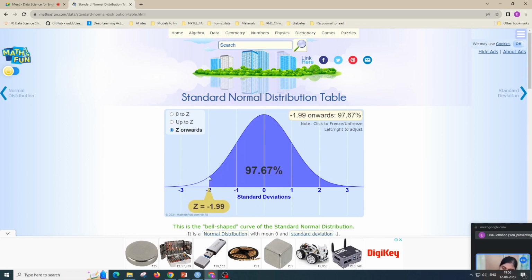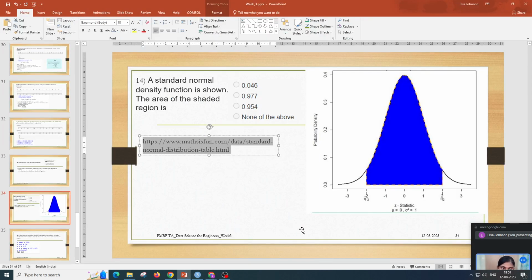This one is between minus 2 and plus 2, so it will include 95%, right? 95% is between minus 2 sigma and 2 sigma. So this answer will be 0.954.